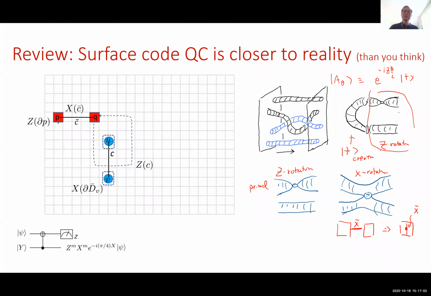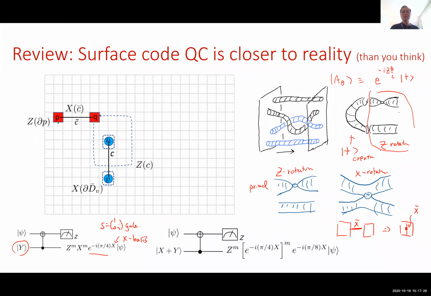Okay. And this circuit here, if you have a Y eigenstate, you can do a phase gate. So this is the phase gate, but this is in the X basis. There's also the T gate.